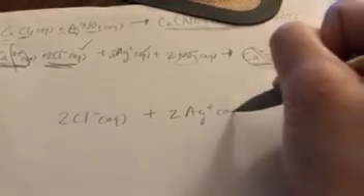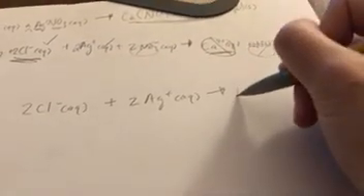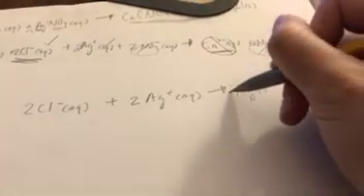So what we get is this. So these are the relevant ions that are taking part in the reaction and forming this product. So this is what you would write.